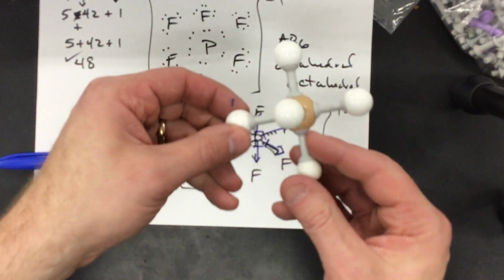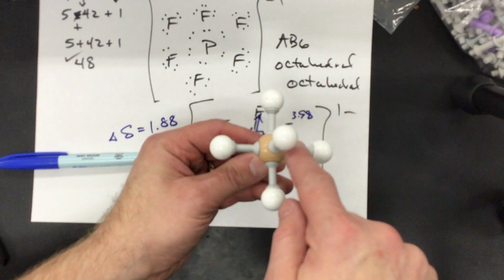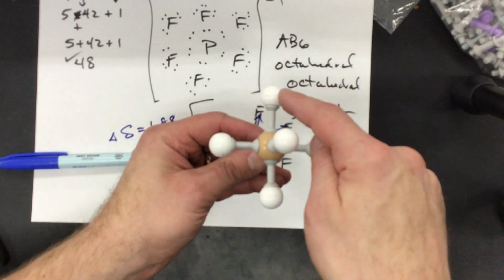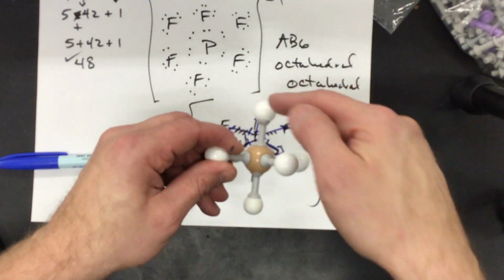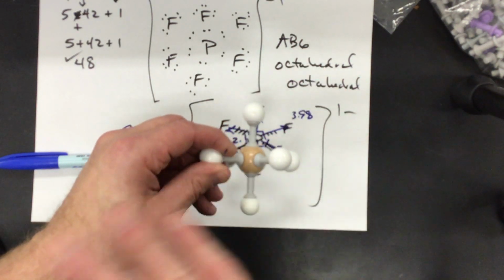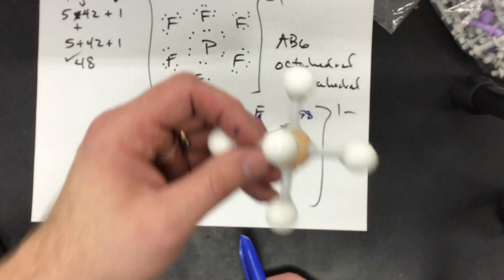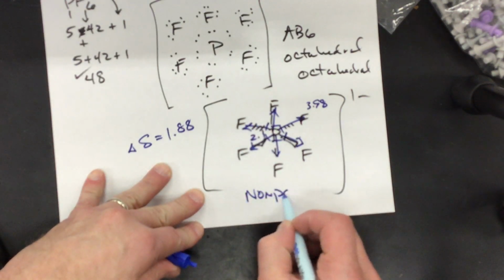All the atoms are the same. So this fluorine and this fluorine are opposite. They pull in opposite directions. Cancel. This fluorine and this fluorine, opposite directions, cancel. Top fluorine, bottom fluorine, opposite directions, cancel. So because none of them shows a net dipole, we're going to call this nonpolar.